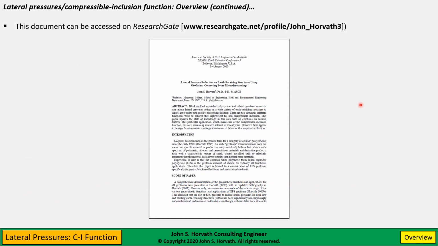And again, I showed you this paper previously where I addressed this issue. And if you think I'm emphasizing this too much, it's simply from having been involved with geofoams for over 30 years. I've seen some projects that had some significant failures associated with them. Fortunately, these were serviceability limit state type failures.